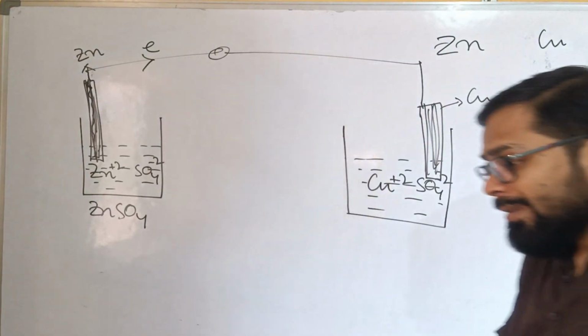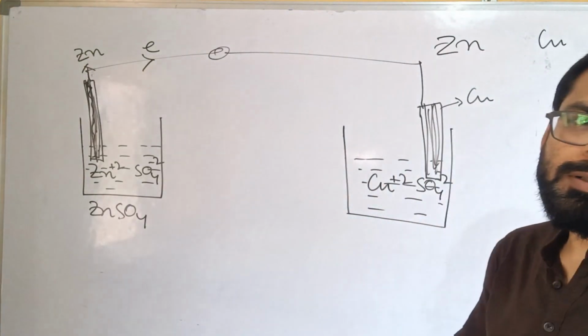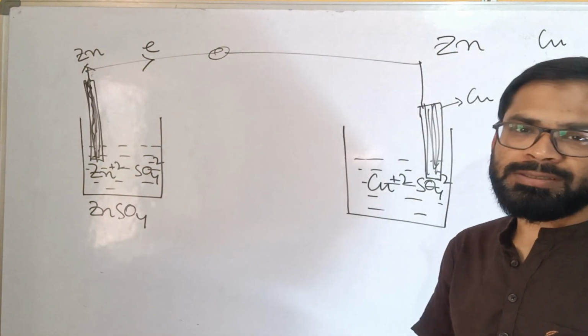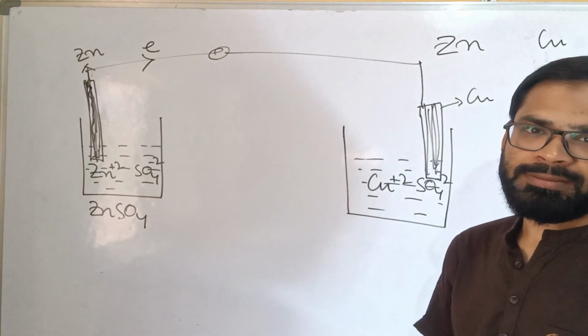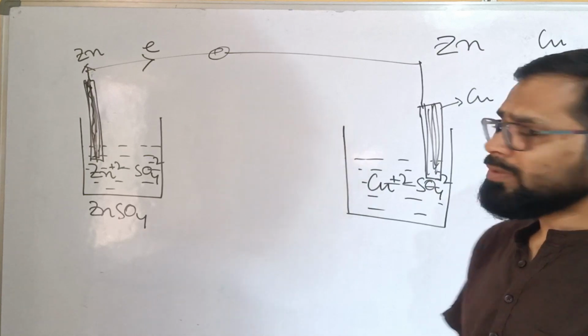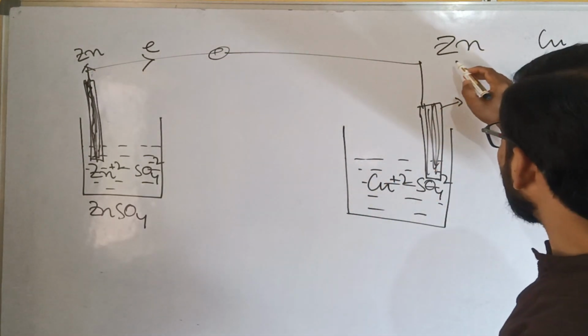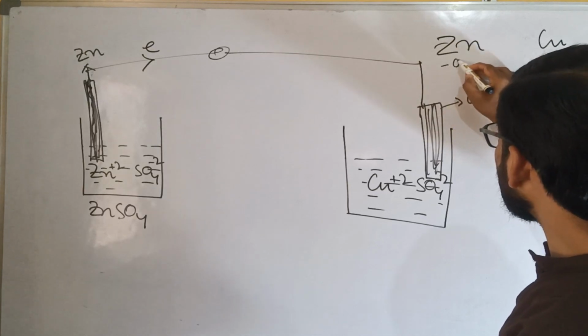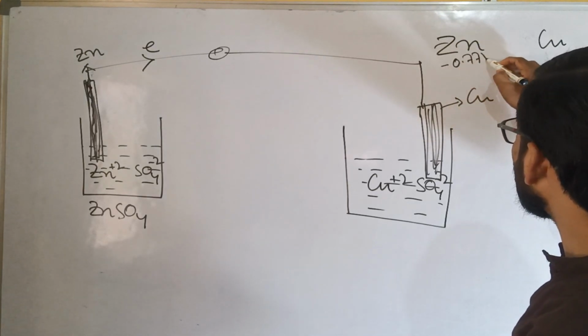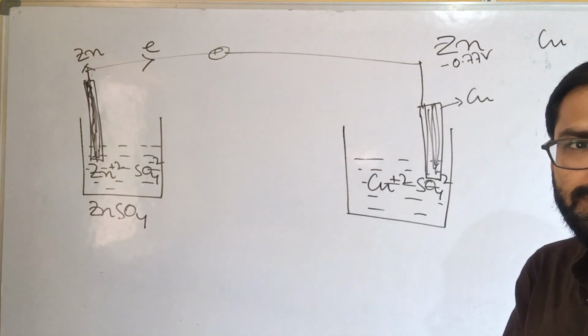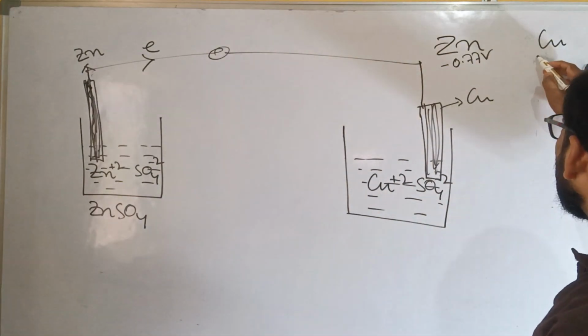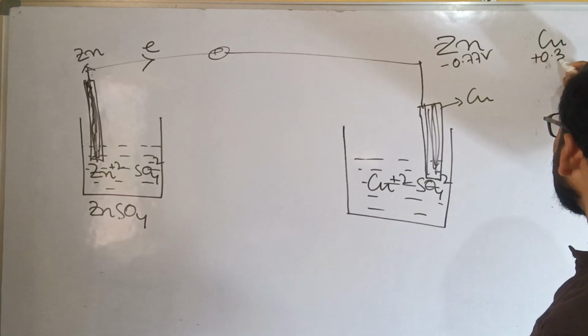There are two electrodes here, zinc and copper. What will be the criteria? There are criteria: we have to check the electrochemical series or reactivity. If we see the reduction potential value of zinc, that is minus 0.77 volt. In the case of copper, that is plus 0.34 volt.